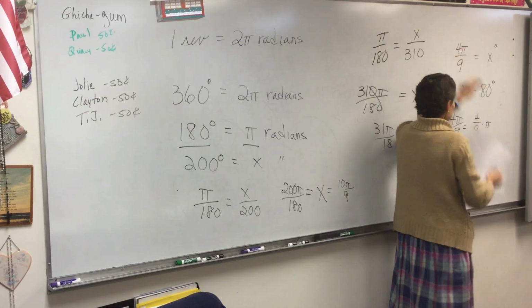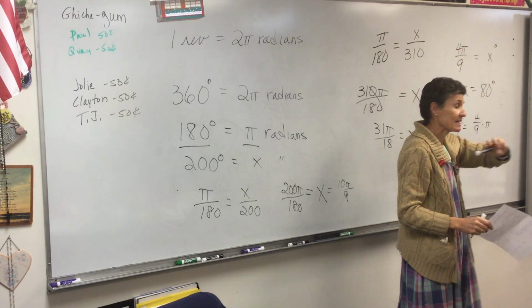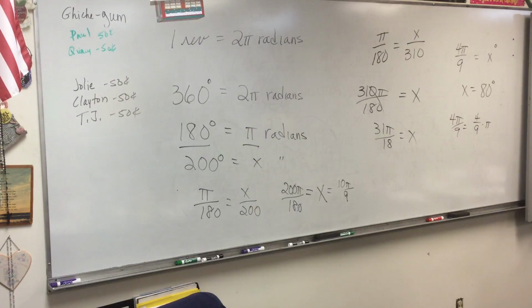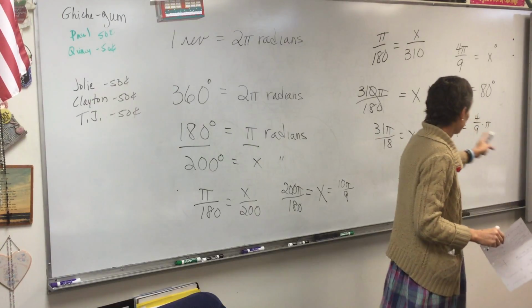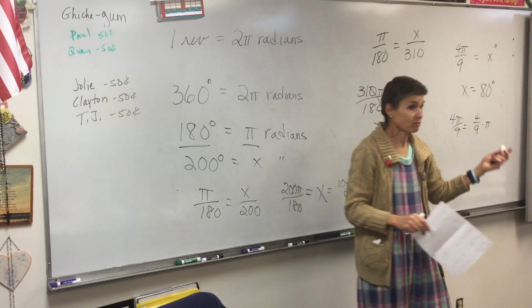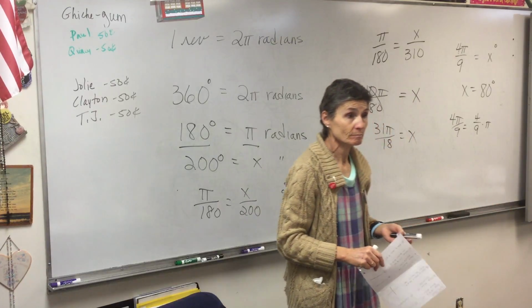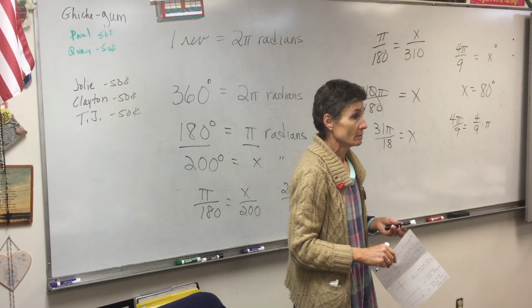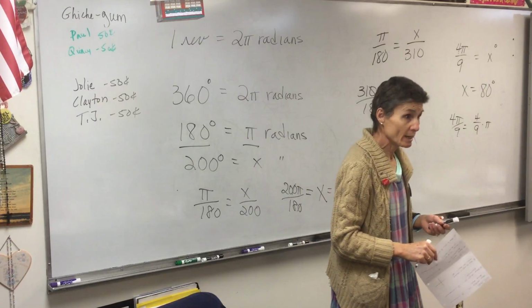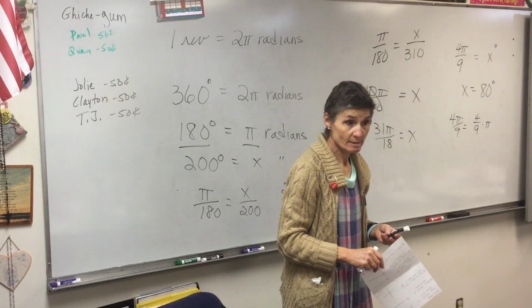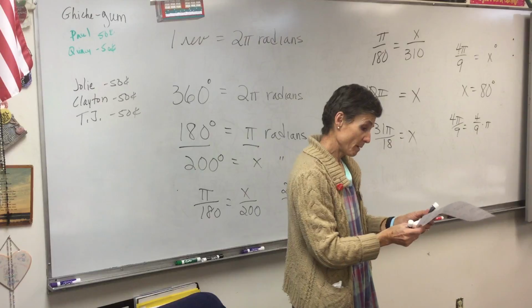And since pi, I already know pi is 180. That's a given. That will never change. That's fact. Pi is 180. What I'm really doing is saying, okay, what's 4/9 of that? So 180 divided by 9 is 20. Times 4 is 80.